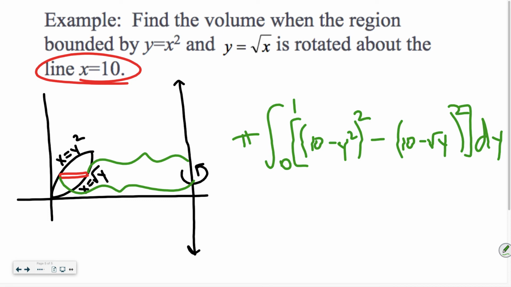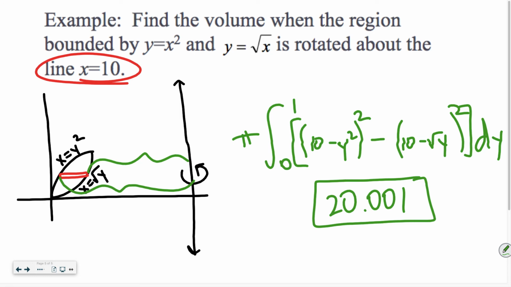Oh man, it's irrational. I got 20.00. When you multiply by pi? Yes. 20.001. So we get an irrational number. It's not something we can change to a fraction. Do not write a decimal with pi next to it. Multiply pi through and give me that approximation. Are you getting what Ethan got? 20.001.